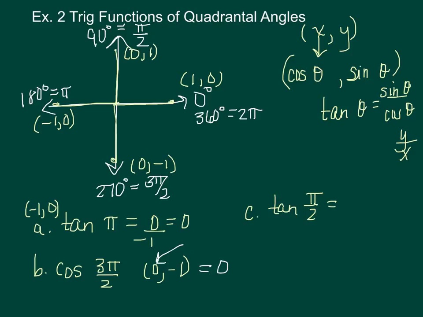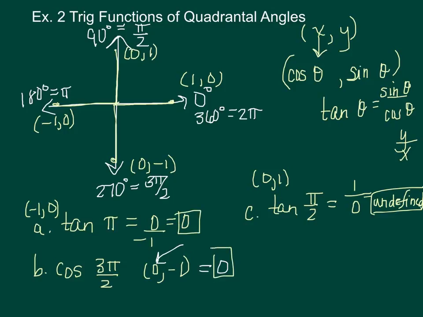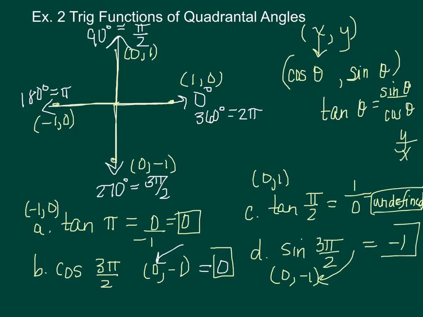So we would divide the y over the x, because that ordered pair is 0, 1. This is undefined, because you can't divide by 0. And we can do one more. Let's do sine 3 pi over 2. That ordered pair is 0, negative 1. Sine is the y coordinate, so that equals negative 1.